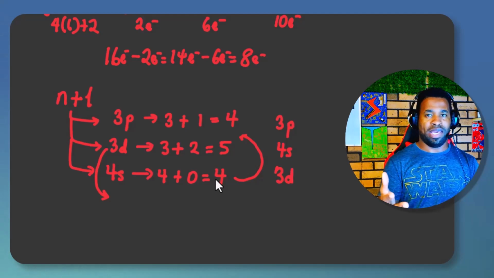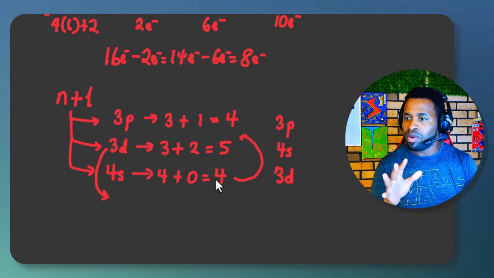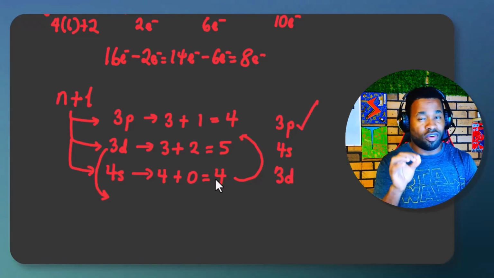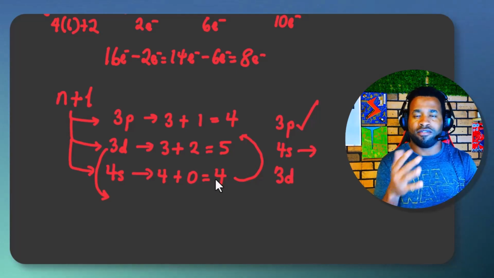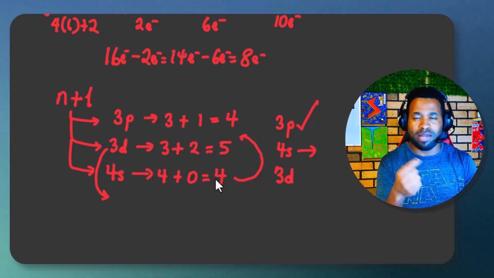So what does that mean in this particular question? That means that now we're done with the 3p, we're going to consider the 4s electron filling here, which means that our 4s has a maximum of 2 electrons to be accommodated, because it's the s orbital.